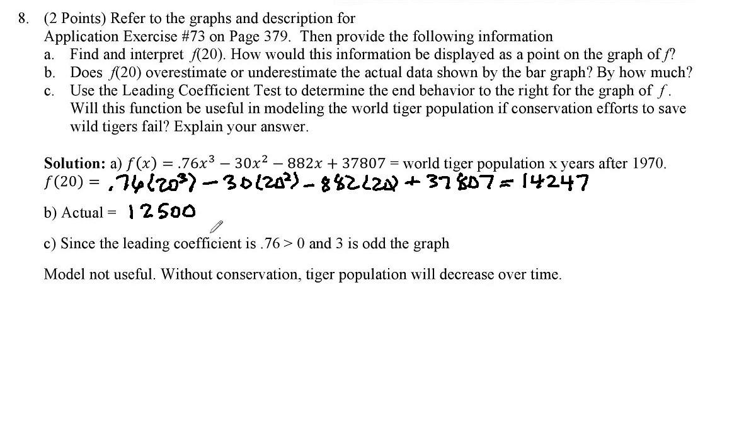Okay, and then they want to know how would you interpret f of 20? So this is going to be the tiger population in 1990, because that's 20 years after 1970. So that's the tiger population in 1990. And then the actual, if you look up the 1990 population, you get 12,500. And then they want to know, is that an overestimate or an underestimate from the actual?